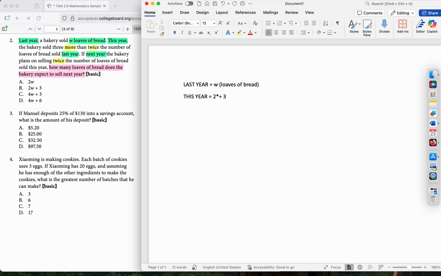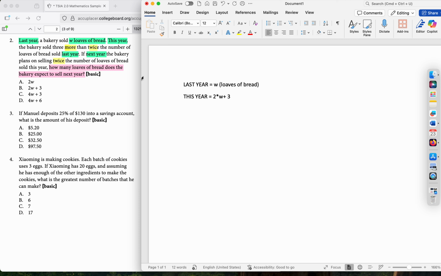We know that W is going to represent that. So we took that sentence, this year the bakery sold 3 more than twice the number of loaves of bread sold last year, and we translated it into this sentence. So this year is going to be represented as 2 times W plus 3.